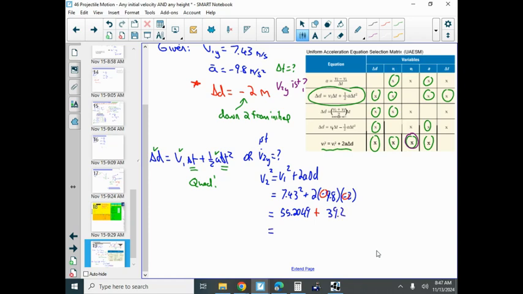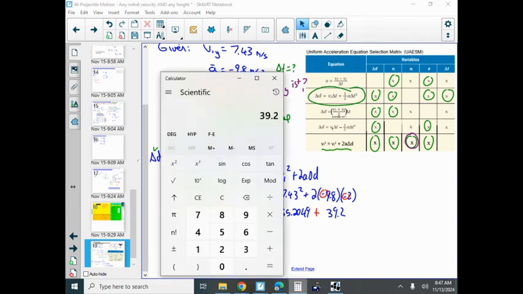So we've got that. So 39.2 plus the 55.2049. Uh-oh. 0.2049. There we go. 94.4049.